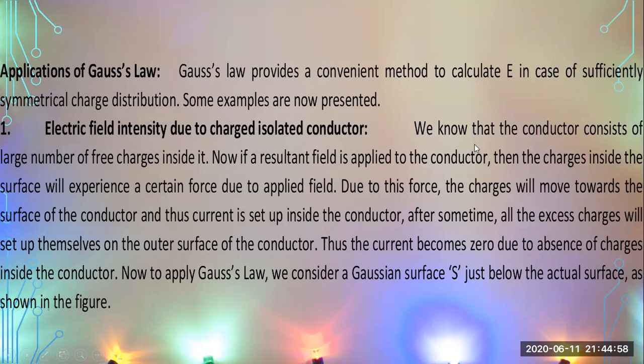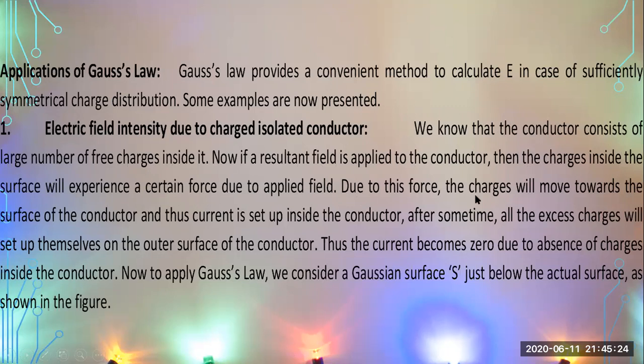We know that the conductor consists of a large number of free charges inside. Conductors have electrons, which have charge, and electrons also are responsible for electric field, and there are protons as well. Now, if a resultant field is applied to the conductor, then the charges inside will experience a certain force due to the applied field.